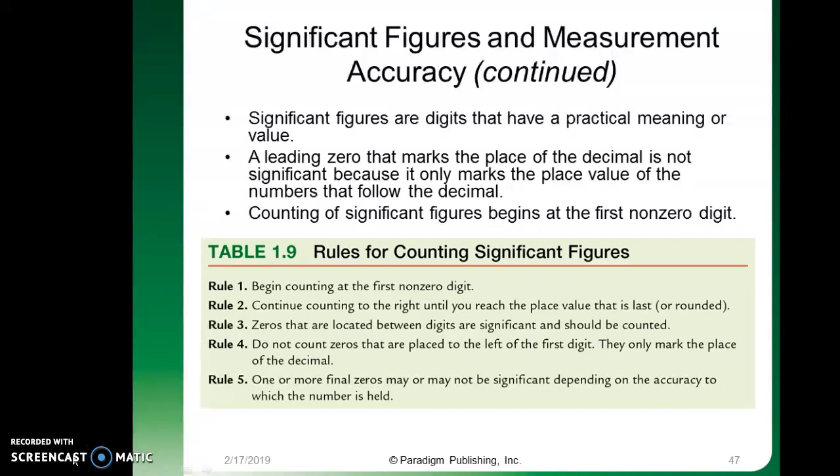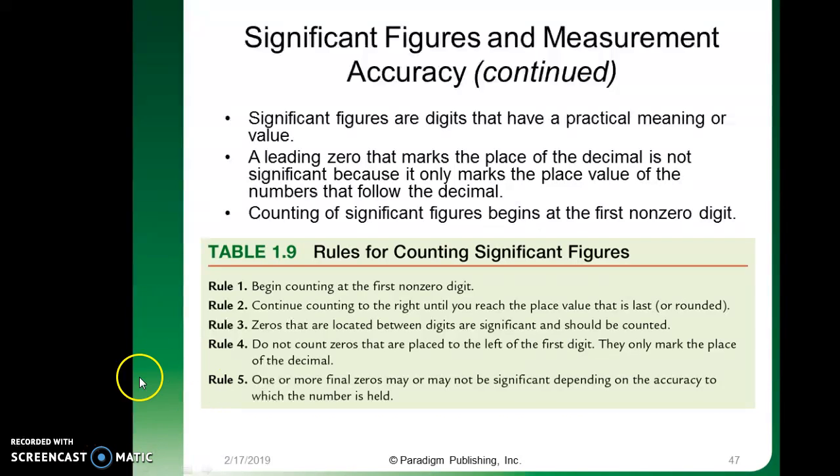One or more final zeros may or may not be significant, depending on the accuracy to which the number is held. Say 100. You would think it had 3 significant figures, correct? Because of course the first non-zero value is the 1, and then you have 2 consecutive zeros after that.